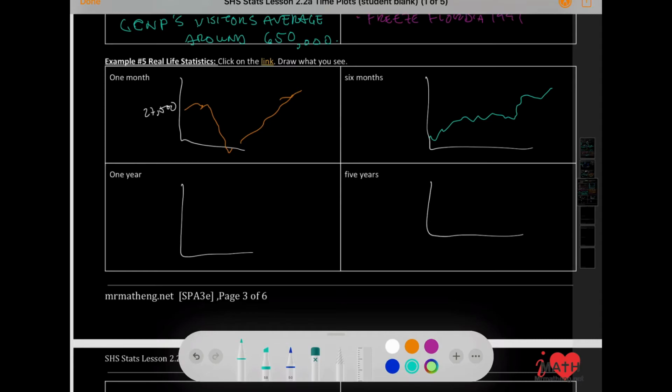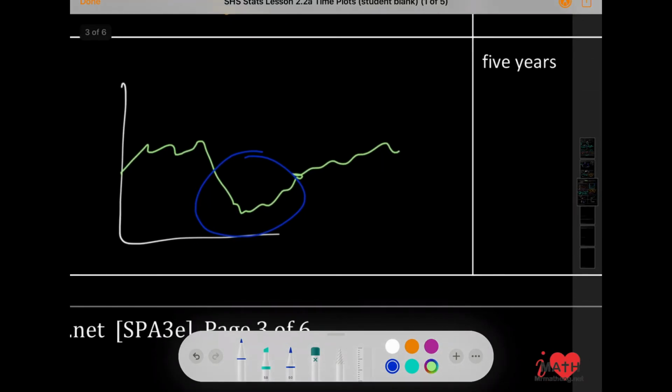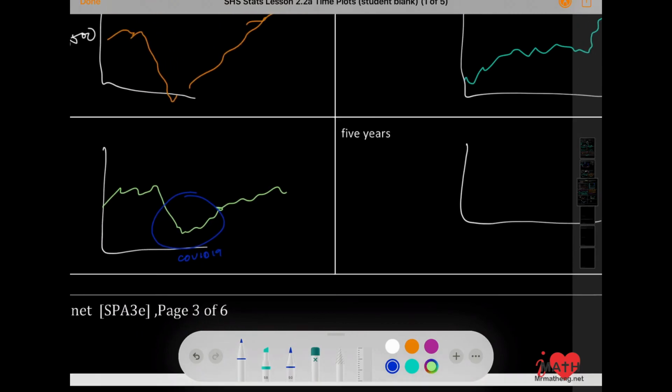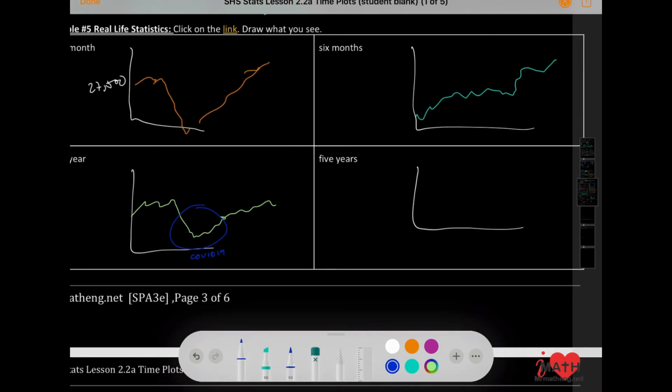Over 1 year, and this one, we're currently in it, is because of COVID-19. People couldn't go to work, parents couldn't go on a cruise, right? 5 years.